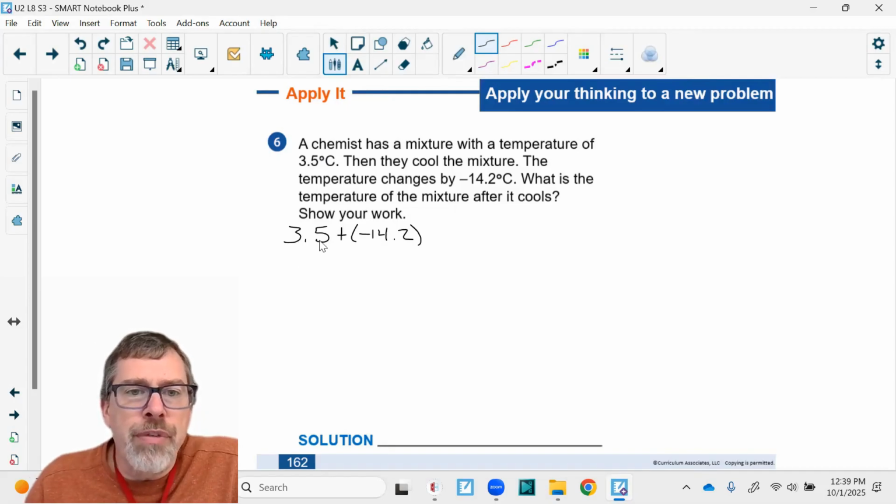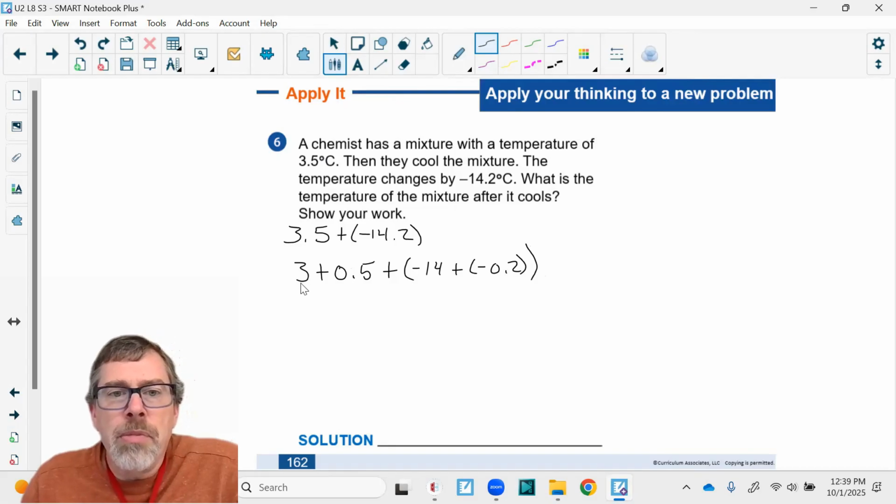So the integer portion of 3.5 is 3, and then I'm going to add 0.5. 3 plus 0.5 is 3.5. So we split those up, and then we say plus parentheses negative 14 plus a negative 0.2. Okay, so all we're doing here is separating.